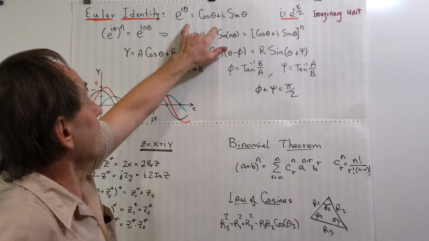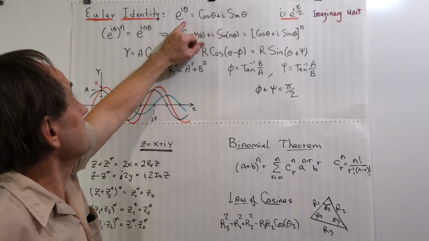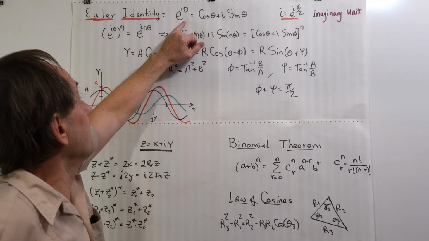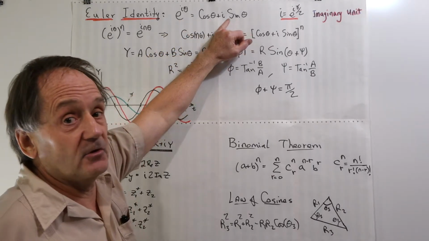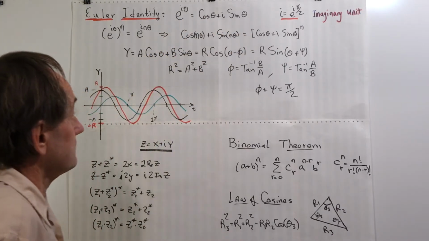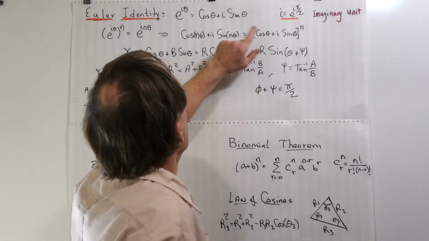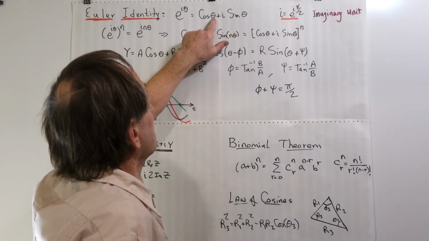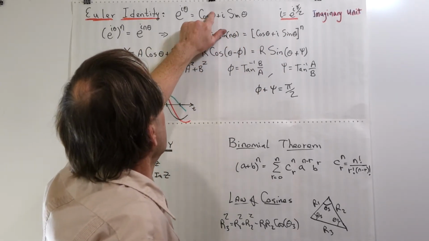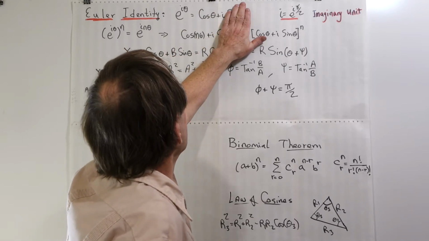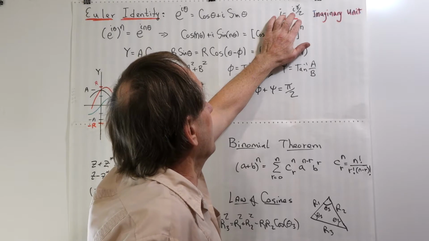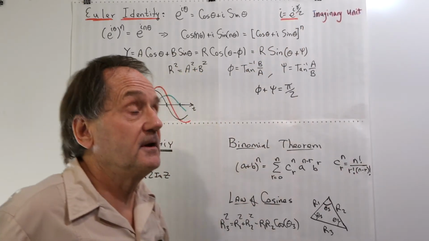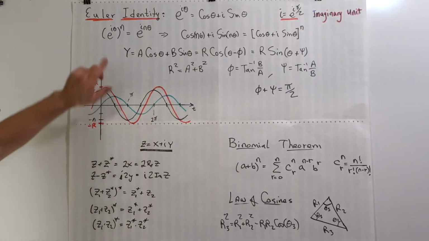Why this is important is that it relates the exponential form of a complex number into a trigonometric form. And when theta is equal to pi over 2, cosine of theta vanishes, sine of theta is 1, and we're left with I. So I is e to the I pi over 2. This is called the imaginary unit.